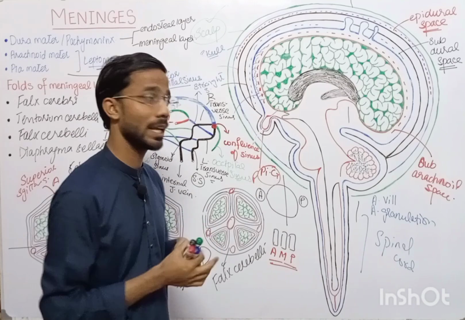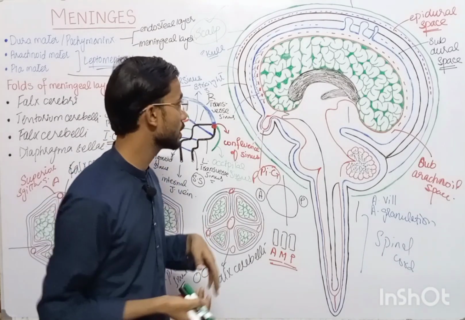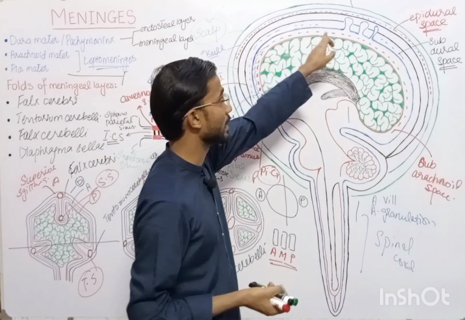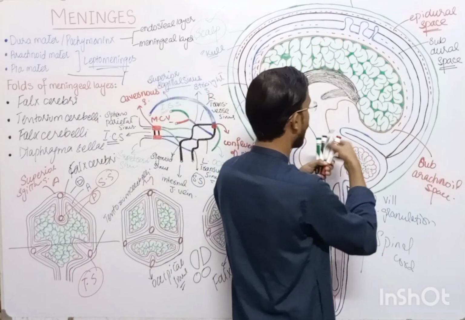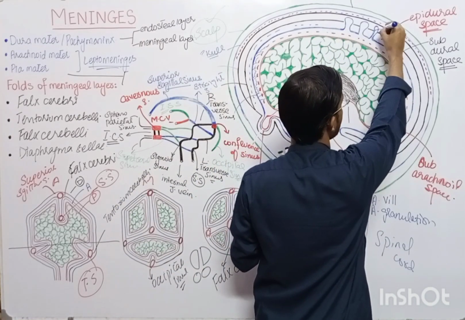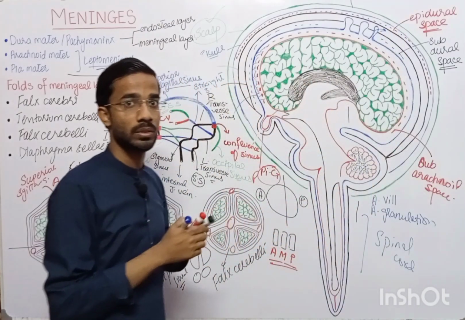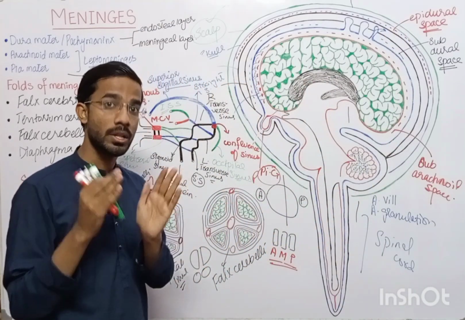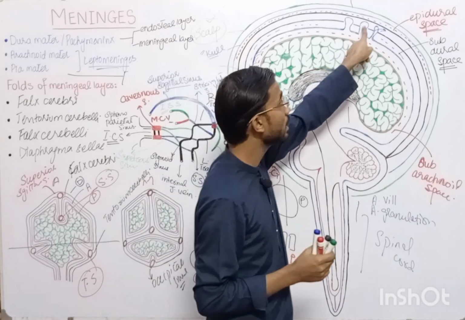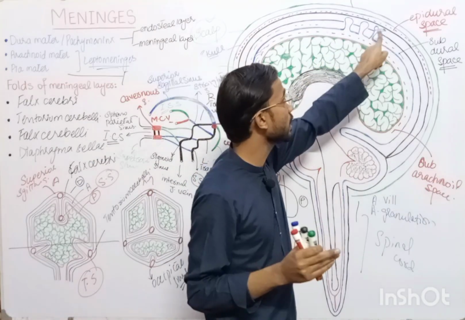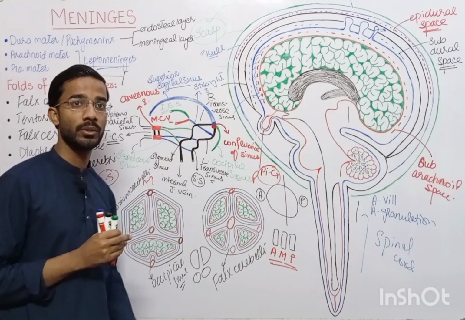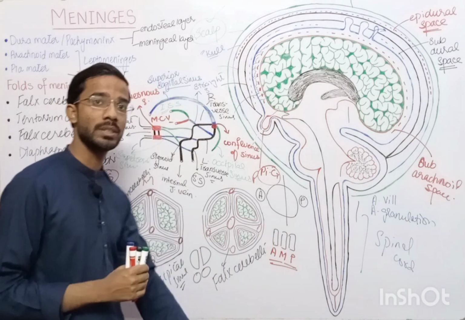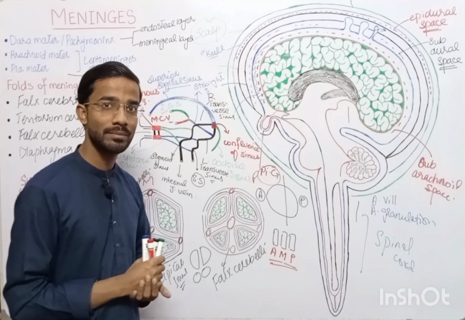Cerebral blood vessels are present in this space, which is called the subarachnoid space, and this fluid can also drain into the sinuses. Cerebrospinal fluid drains from the arachnoid granulation into these sinuses, and from these sinuses it will move out of the brain through the internal jugular vein.